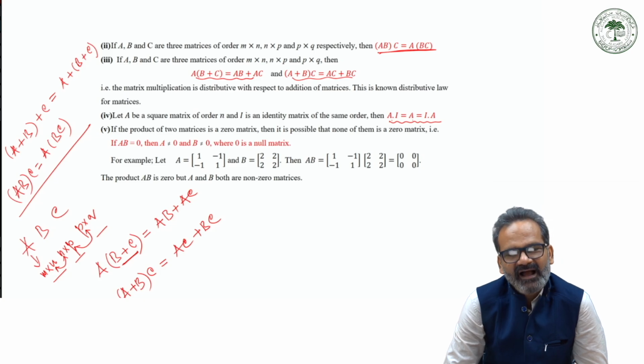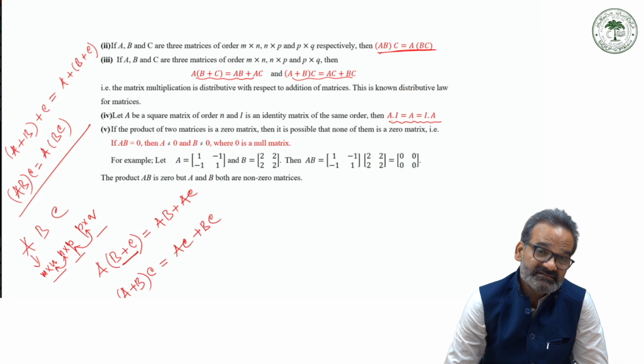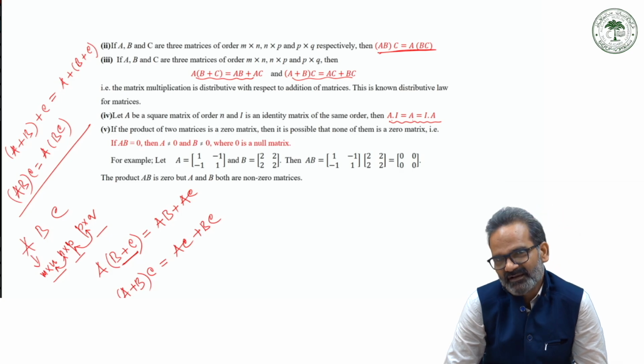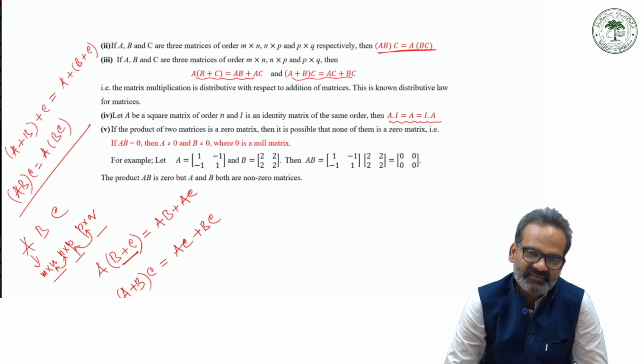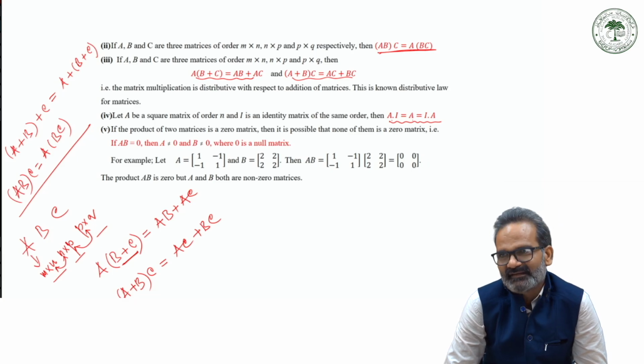In the very beginning, I have told you that matrices behave almost like numbers, but there are few characteristics or few properties that are possessed by the numbers, but they are not possessed by matrices. On the other hand, there are few properties which are possessed by the matrices, but they are not possessed by the numbers.